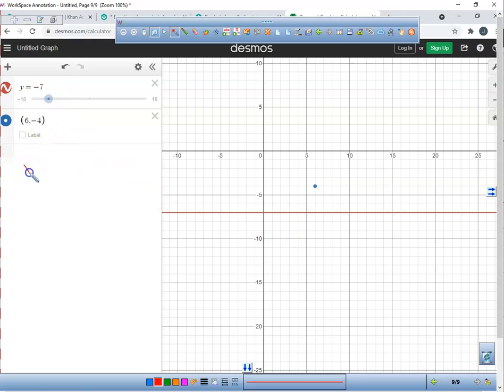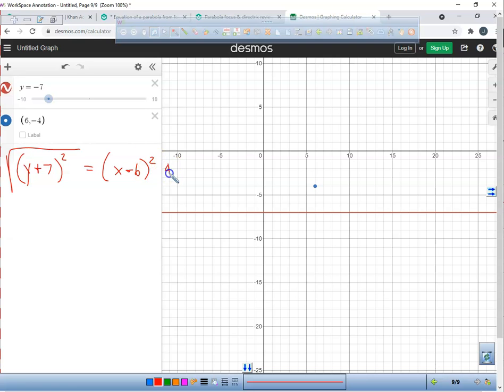So I'm just going to do the work right here. So here's what you're going to do. You're going to do y plus 7 squared underneath the square root equals the parentheses x minus 6 squared plus y plus 4 squared.